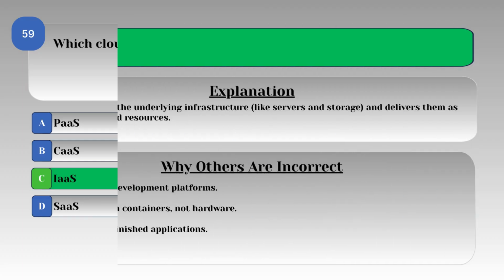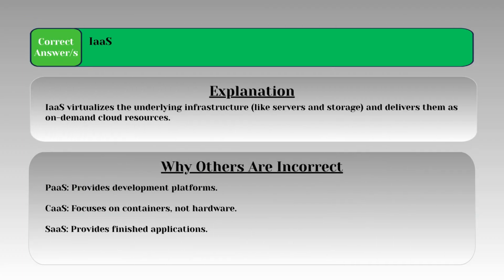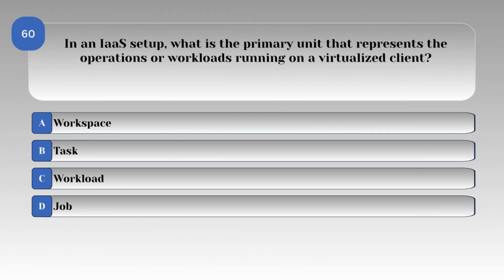Explanation: IaaS virtualizes the underlying infrastructure like servers and storage and delivers them as on-demand cloud resources. Why others are incorrect: PaaS provides development platforms. CaaS focuses on containers, not hardware. SaaS provides finished applications.